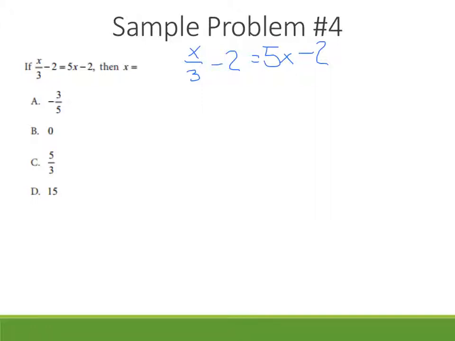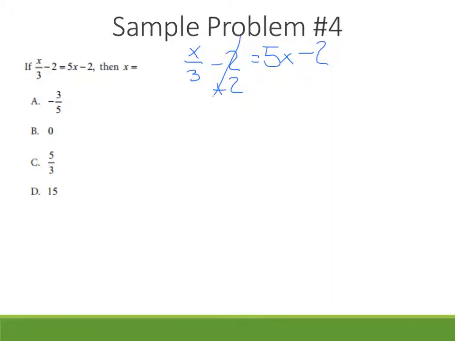I'm going to start by moving this 2 here over to this side with the other 2 here. And to move these things from side to side, I have to perform the opposite operation. I'm subtracting 2 over here on the left, so I need to add 2 to cancel it out. Negative 2 plus 2 is going to be 0.